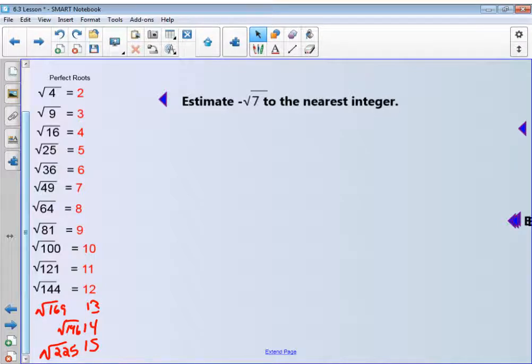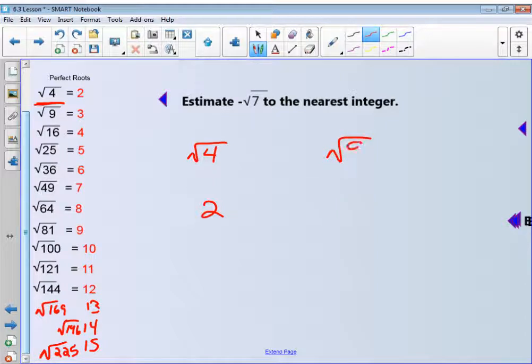So if we were to find the negative square root of 7, well, let's just think if it was positive, where would it fall? Well, the square root of 7 would fall in here, right? So it would fall between the square root of 4, which is 2, and the square root of 9, which is 3. Which is that closest to? Well, it's 2 away from 9 and 3 away from 4. So it's closest to 9.